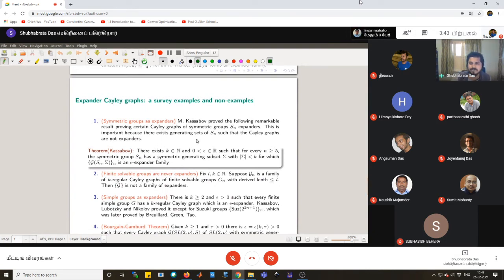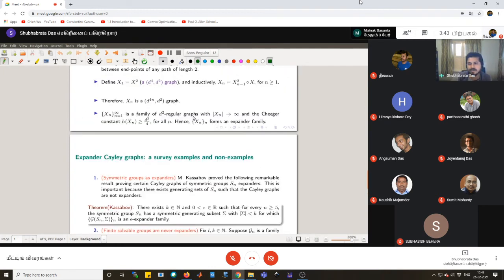Now, this was a question asked by Lubotzky and Weiss, that all the examples we have looked at so far are Cayley graphs. So it seems quite a natural question to ask whether being an expander is a group property.